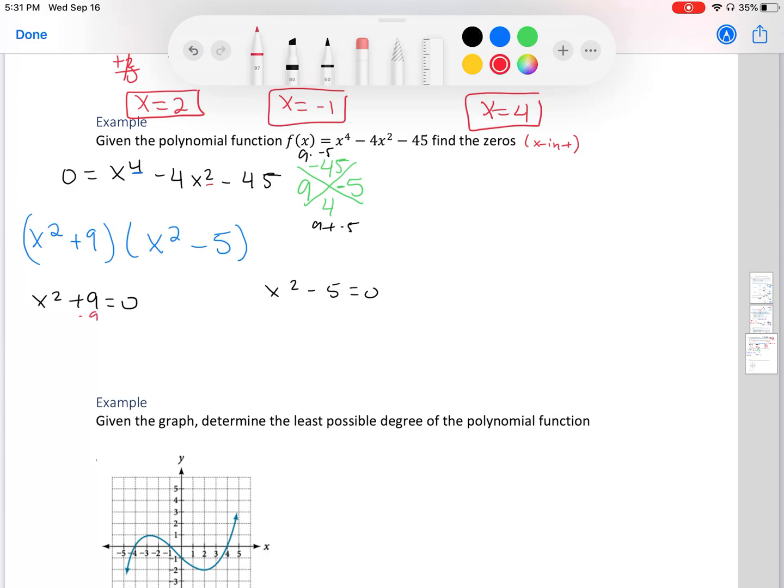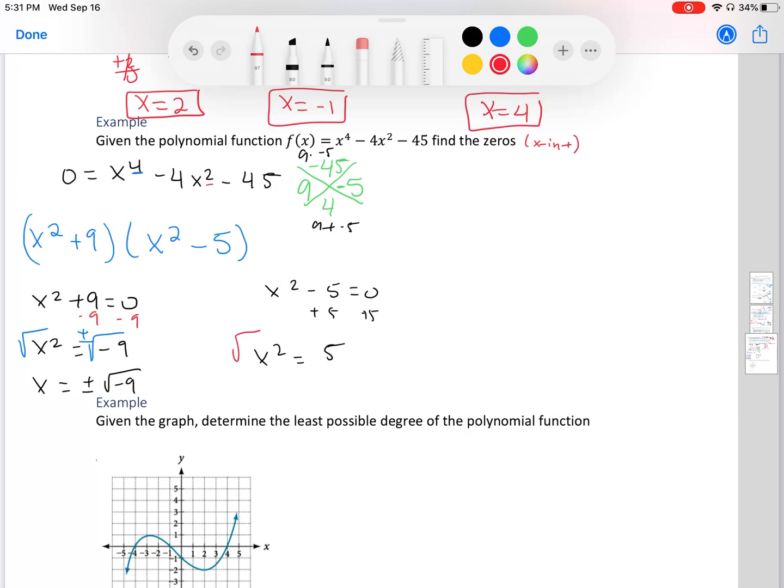Okay, so let's subtract 9, subtract 9. We're left with x squared equals negative 9. I take the square root of both sides. Remember, plus or minus. We're left with x is equal to plus or minus the square root of negative 9. Next one, we add 5 to both sides. We're left with x squared equals 5.